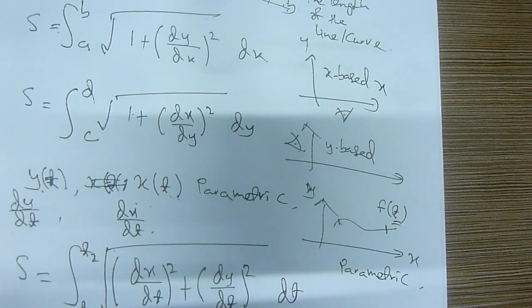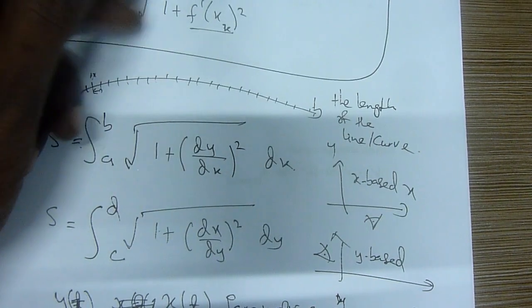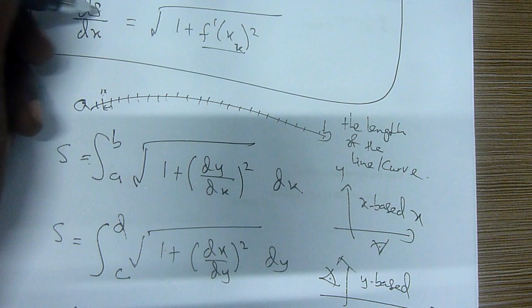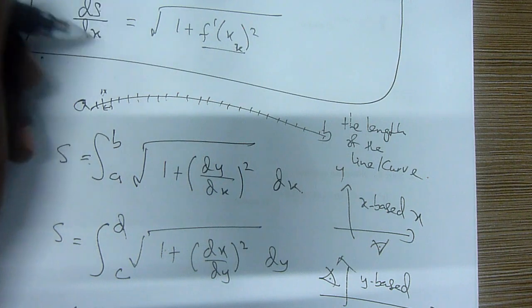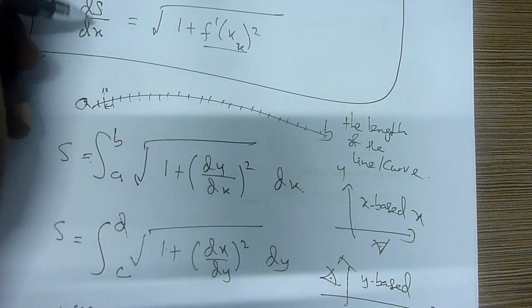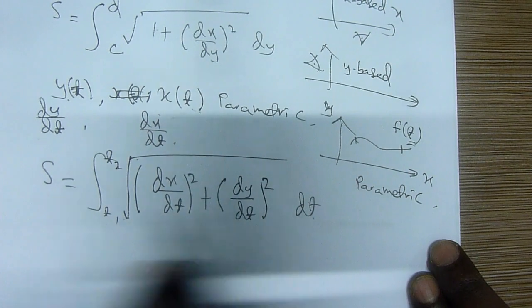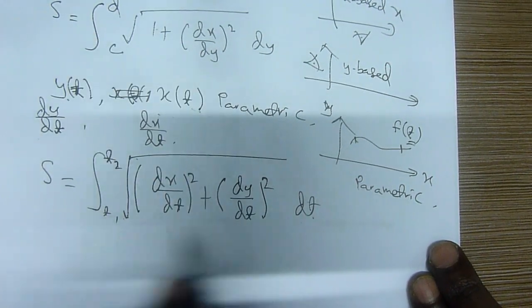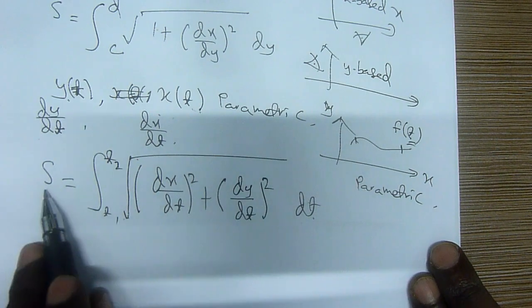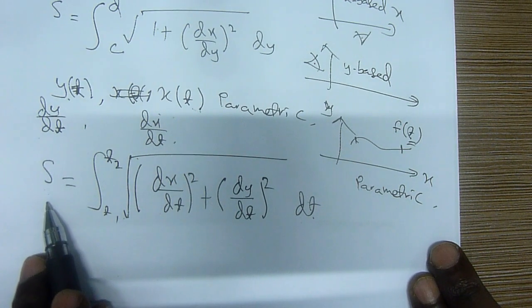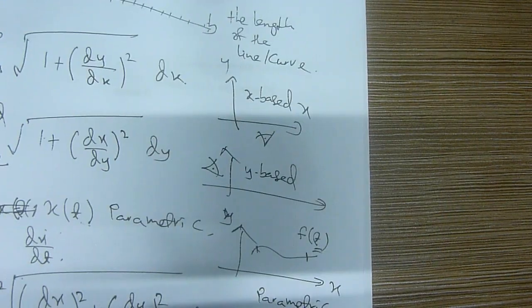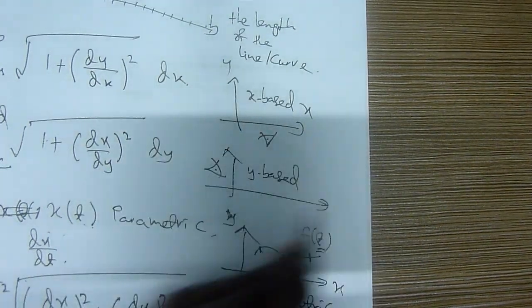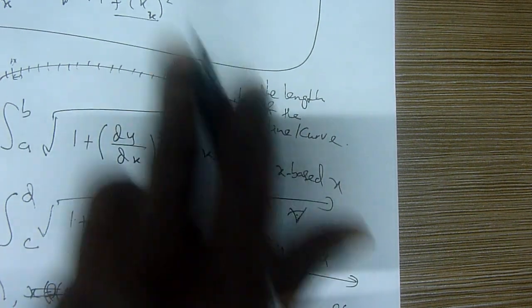Therefore these three formulas, including this one, ds/dx or ds/dy, or ds/dt is also possible. You can see similarly you can find out the same formula derived based on ds/dt. You bring this to this side, you will get ds/dt. And with this you should be able to calculate the length of any curve on the plane.